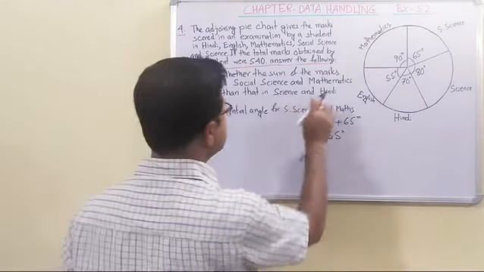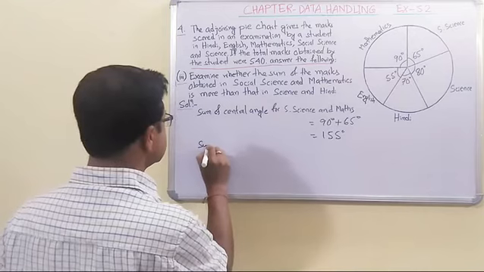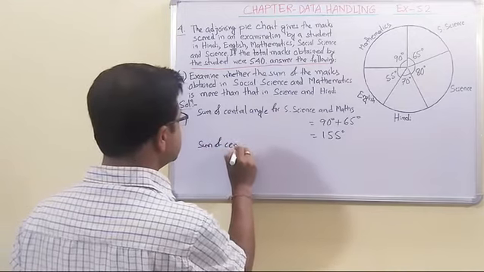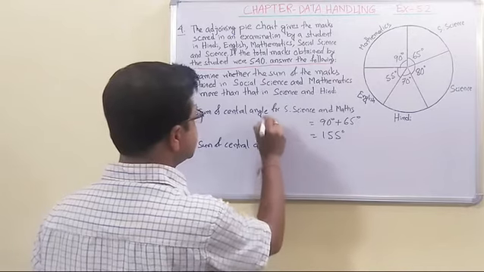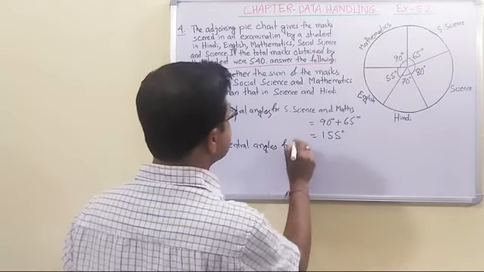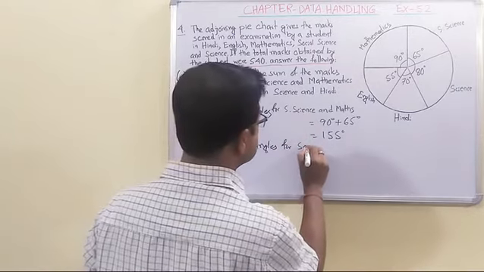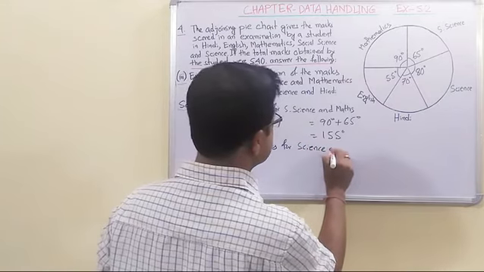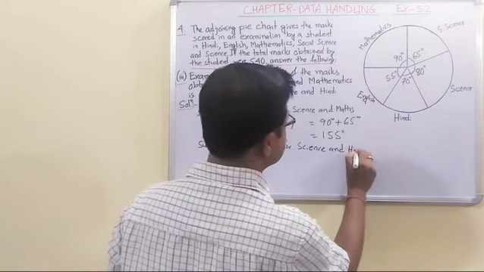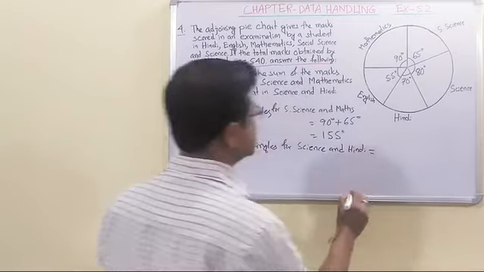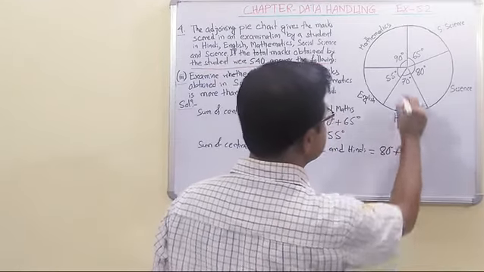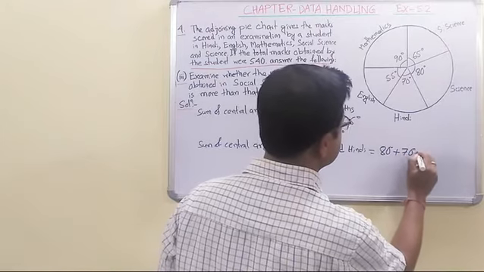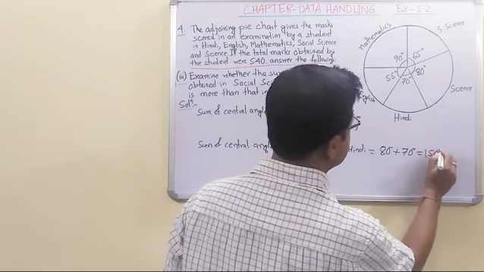Then in science and Hindi, the sum of the central angles: science, the central angle is 80 degrees and Hindi it is 70 degrees. Their sum is 150 degrees.